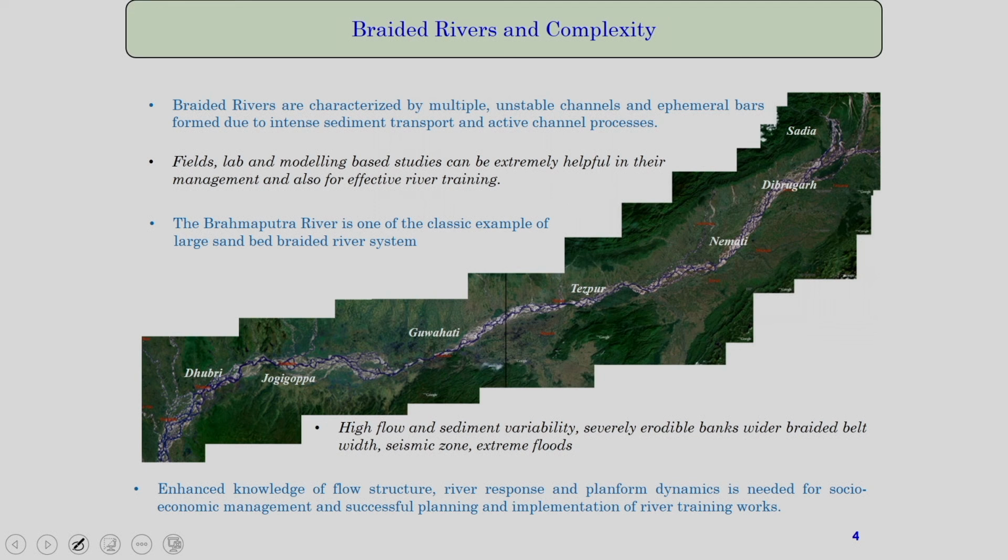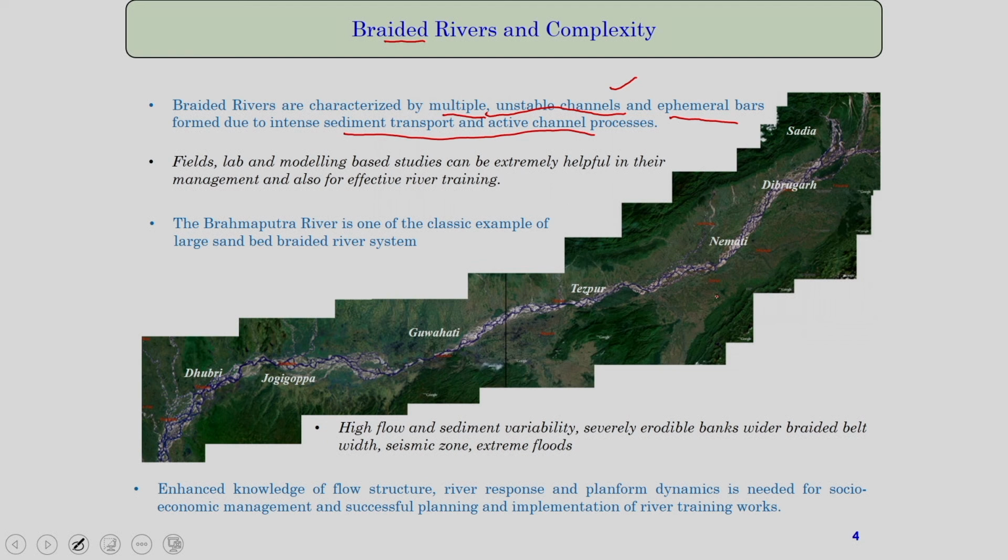So, we may have awareness about the Brahmaputra river. This is a river which we call a braided river system because of multiple unstable channels. In between there is a series of bars or islands, and that is where intense sediment transport and active channel processes happen.